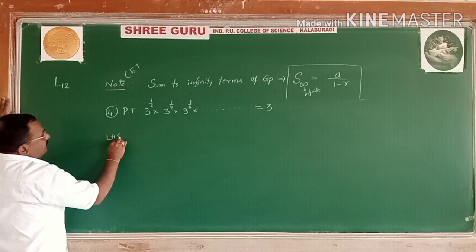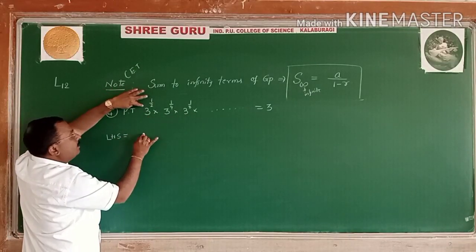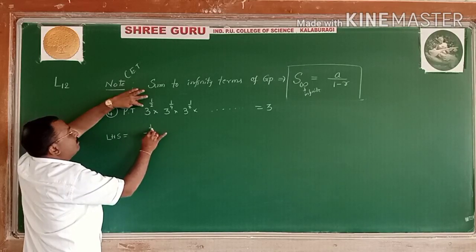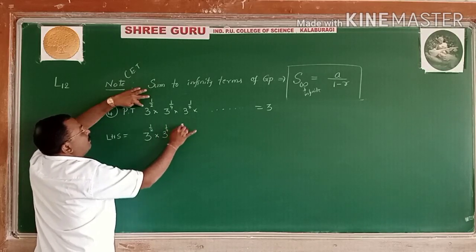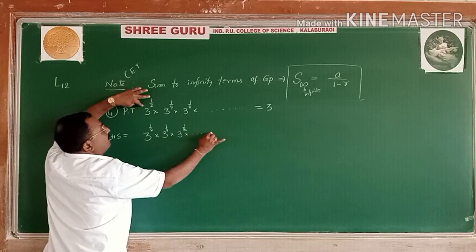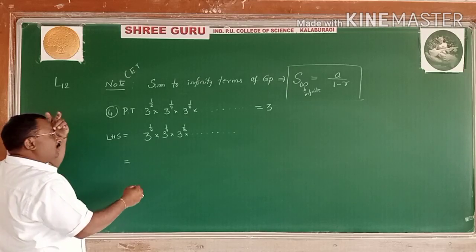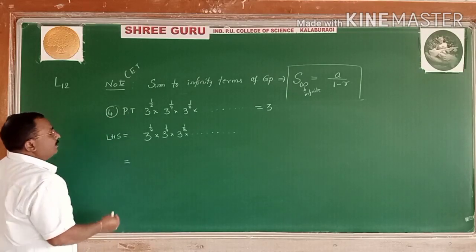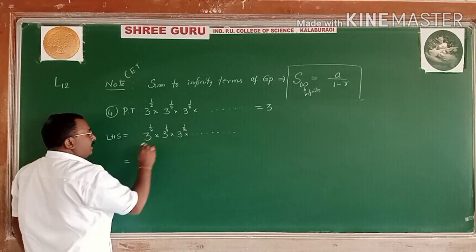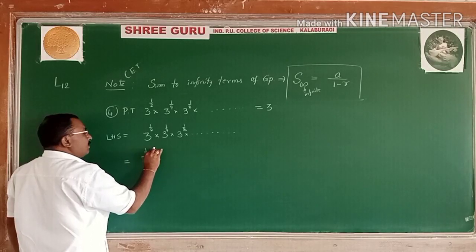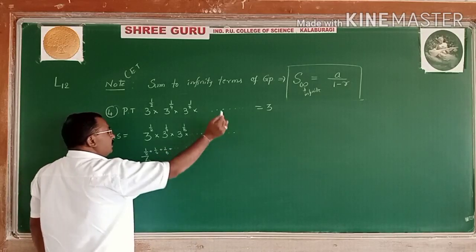LHS is 3 power 1 by 2 into 3 power 1 by 4 into 3 power 1 by 8 and so on. By the law of indices, when bases are the same, powers should be added. Here the base is 3. The power is 1 by 2 plus 1 by 4 plus 1 by 8 plus and so on, no end.